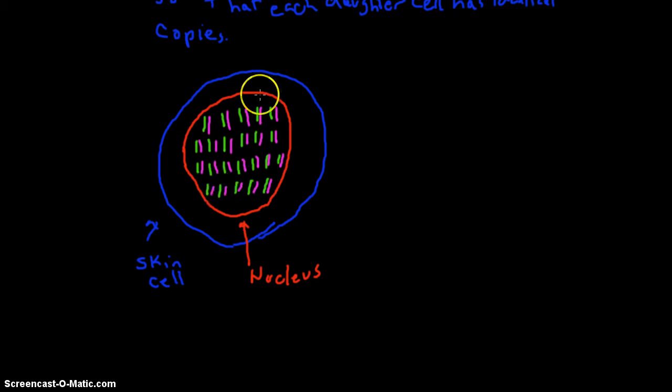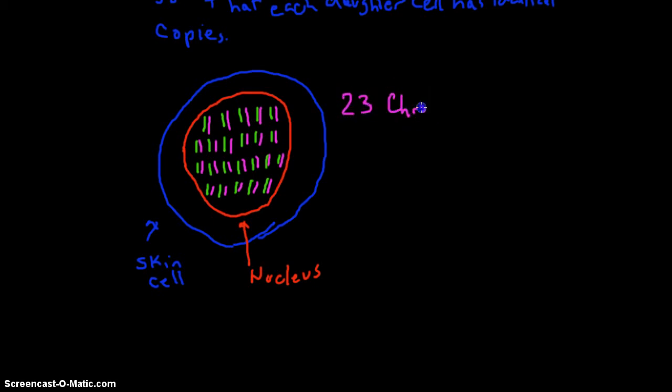So before this skin cell can make an identical copy of itself, it needs to first copy its genetic material. So far, before it's copied its genetic material, it has 23 chromosomes.